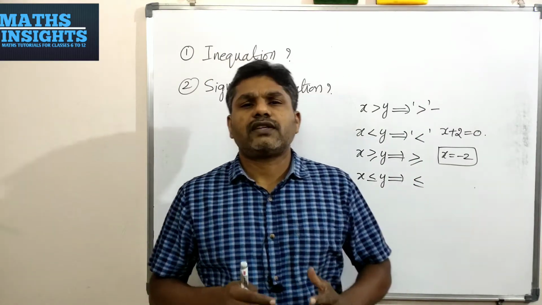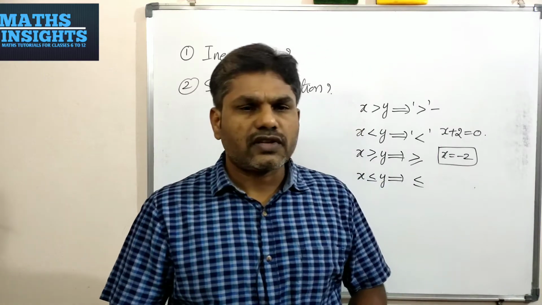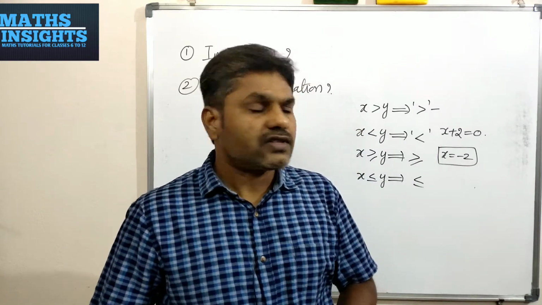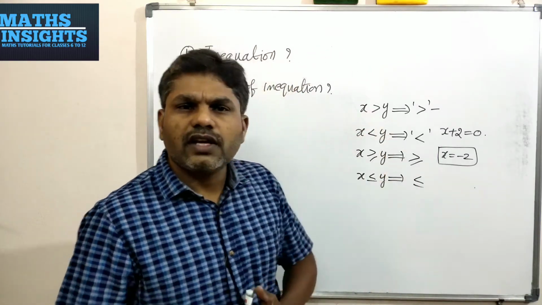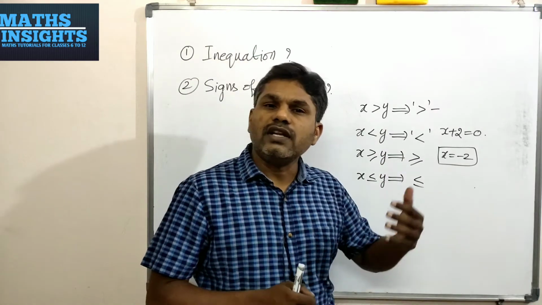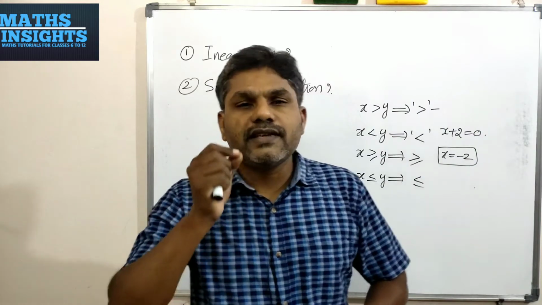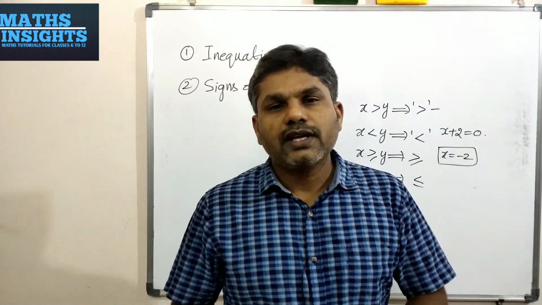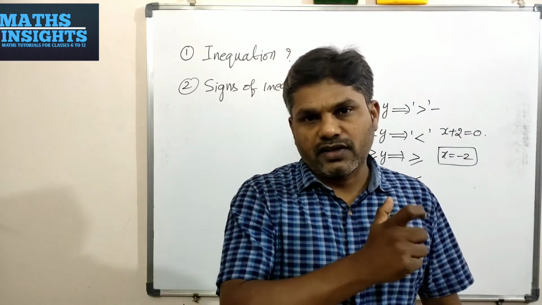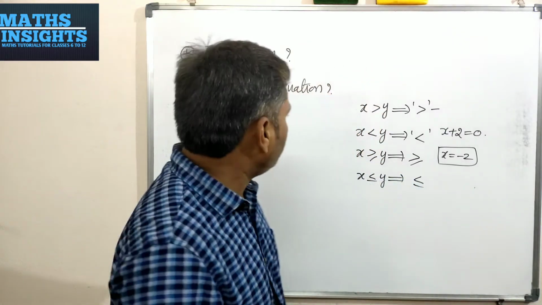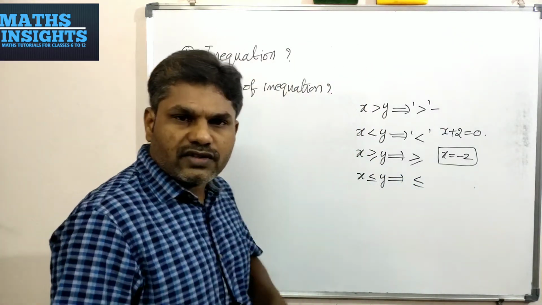Inequations are of different types. Logarithmic inequations are there, different types of inequations are there, but we are dealing with linear inequations. That means if the inequation's degree is 1, then that is said to be a linear inequation. Okay, so I am going to define what is an inequation.